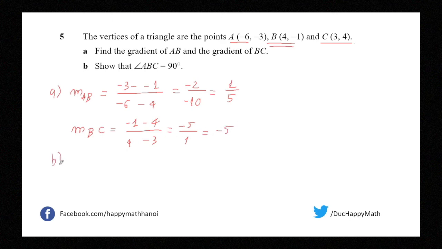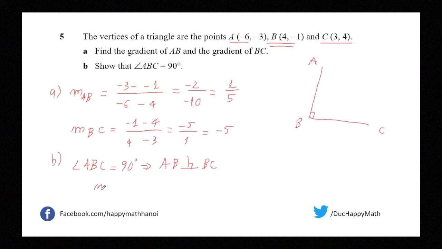So question B: the angle ABC equal to 90 degrees. It means AB is perpendicular to BC, so the gradient of AB has to be perpendicular to the gradient of BC.